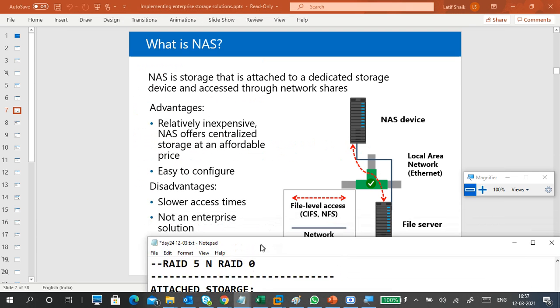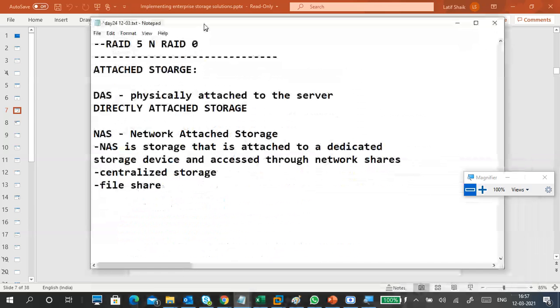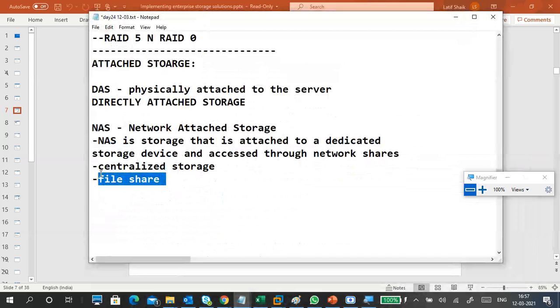We are providing file level access. Here we use normal Ethernet, meaning normal network access only.